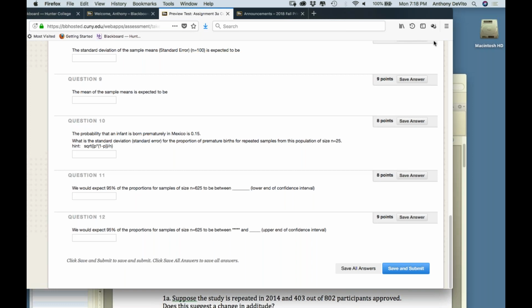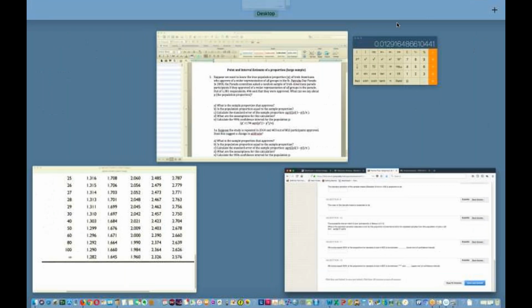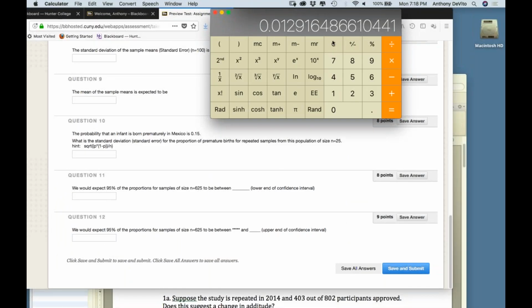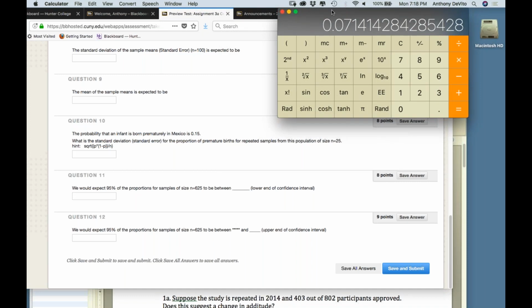Okay, 0.15 times 0.85 divided by the sample size, which was 25. I take the square root of that. So my standard error for repeated samples is going to be 0.07. Now, all that's telling us is what the true standard error is going to be if we take repeated samples of that size, right?